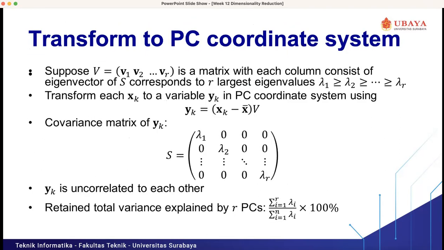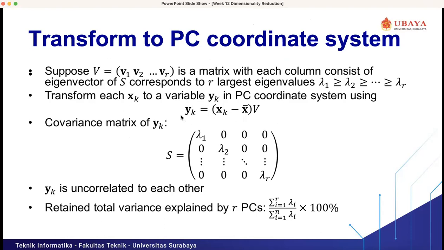Okay, suppose matrix V equals V1, V2, up to Vr, a matrix where each column consists of eigenvectors of S corresponding to the R largest eigenvalues lambda 1, lambda 2, until lambda R. To transform the original features into new ones, which are the principal components, we need to use this formula.